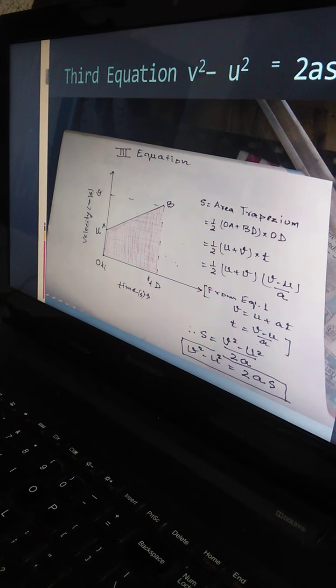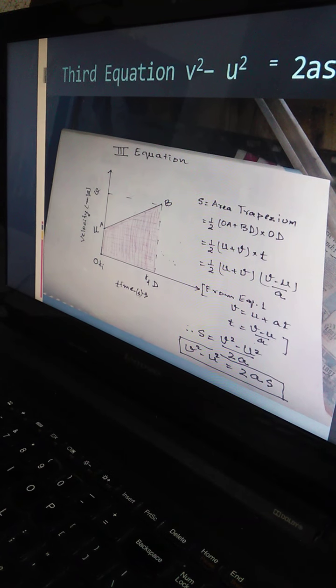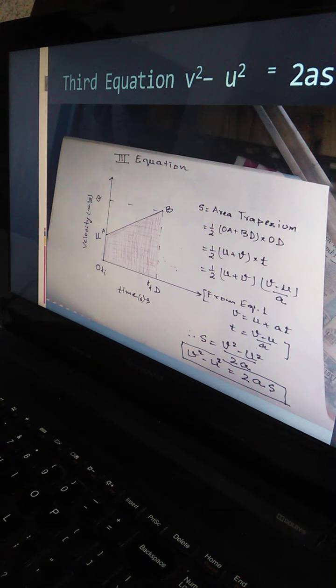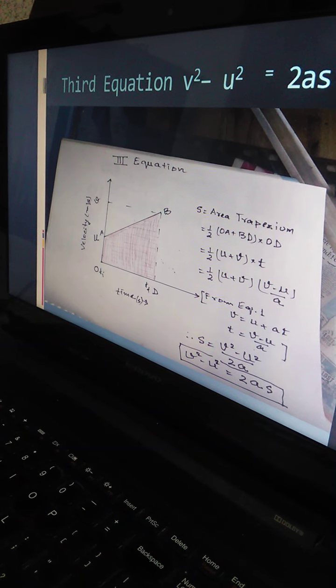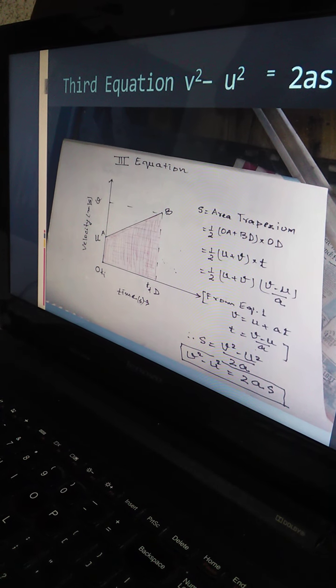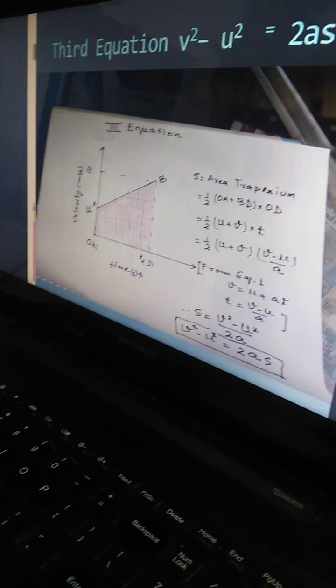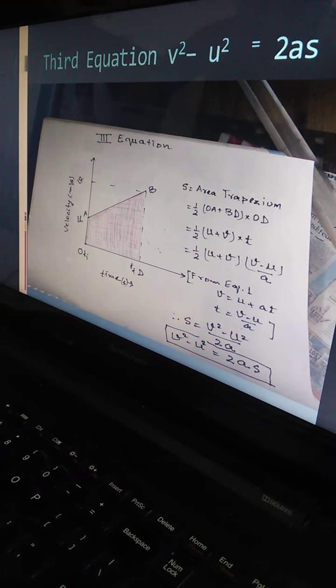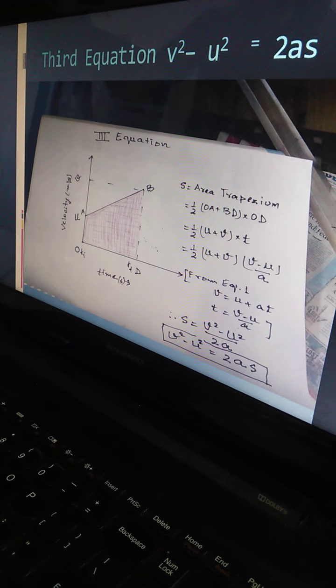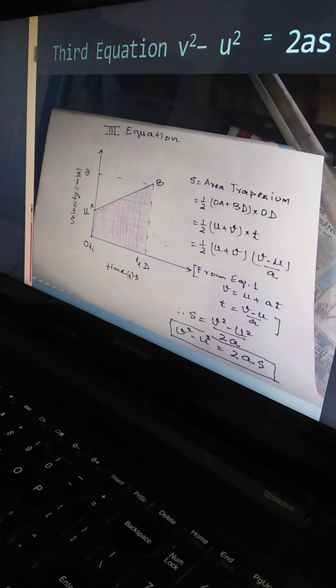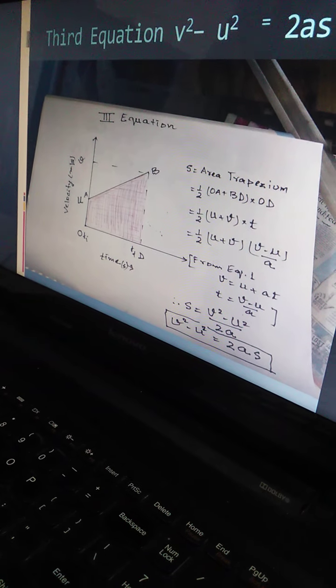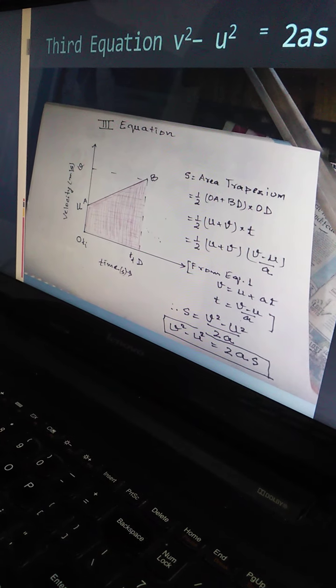Those who can guess it, well and good. Of course, it is a trapezium. So, the distance covered in a velocity time graph is represented by the area. Here, it is area of trapezium.